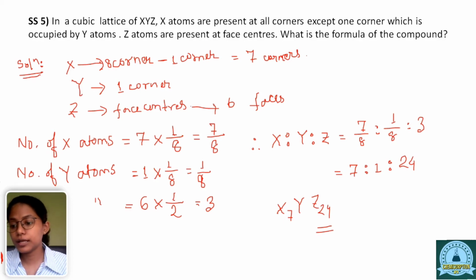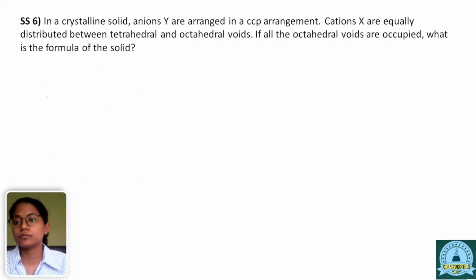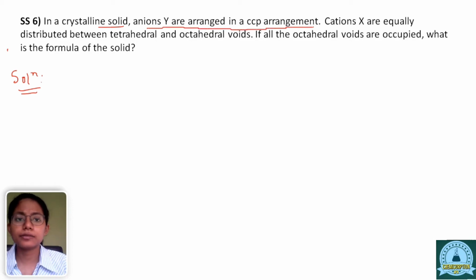Now we will move to the next question. So this question says in a crystalline solid, anions Y are arranged in CCP arrangement.